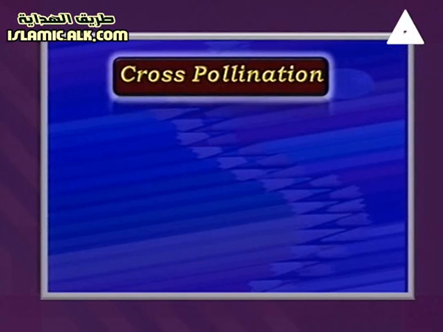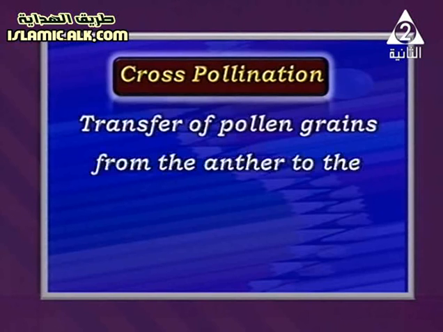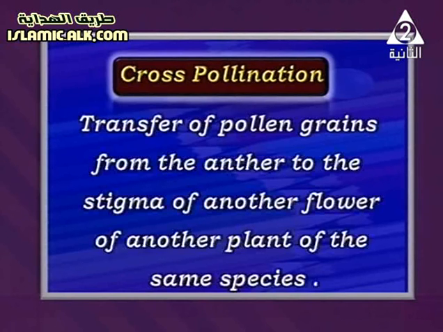Number two, cross-pollination, and we are going to discuss it in detail. In cross-pollination we have two different flowers. We have the transfer of pollen grains from the anthers of the androecium, or stamen, to the stigma of another flower, but they are from the same species.